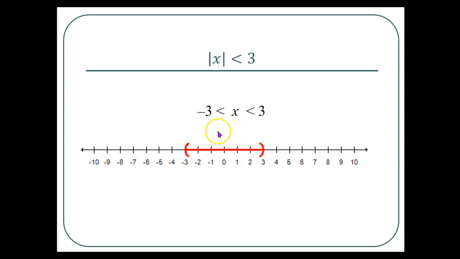Instead, we want x to be a number over here, like -2 or -1, so that the absolute value is less than 3. So what I've got shown here on the number line, these are all the numbers whose absolute values are less than 3. That's all the numbers between -3 and 3.